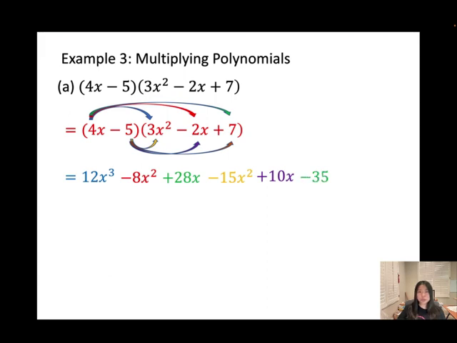Okay, now we're going to combine the like terms. Do we have like terms here? We don't have like terms for this guy. And then negative 8x squared minus 15x squared. And then 28x plus 10x. Make sure you write your polynomial with the highest degree first. Okay, 3, 2, 1, 0.